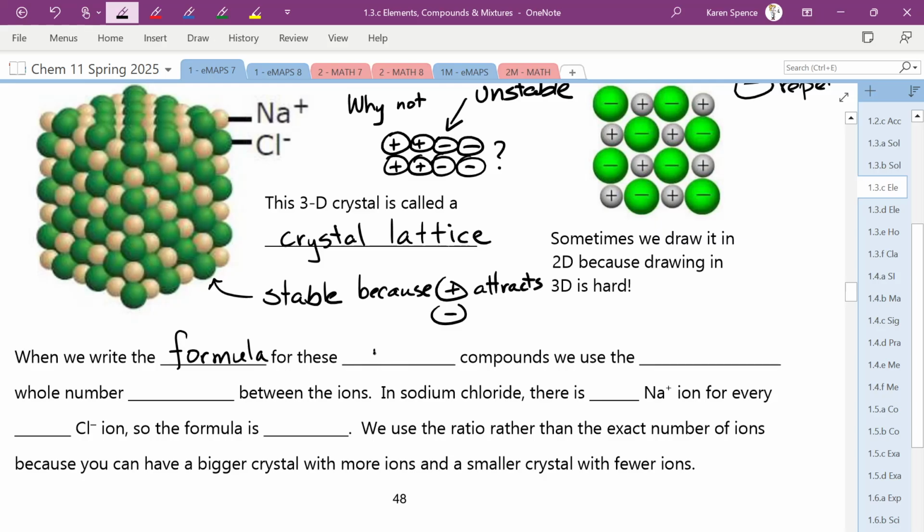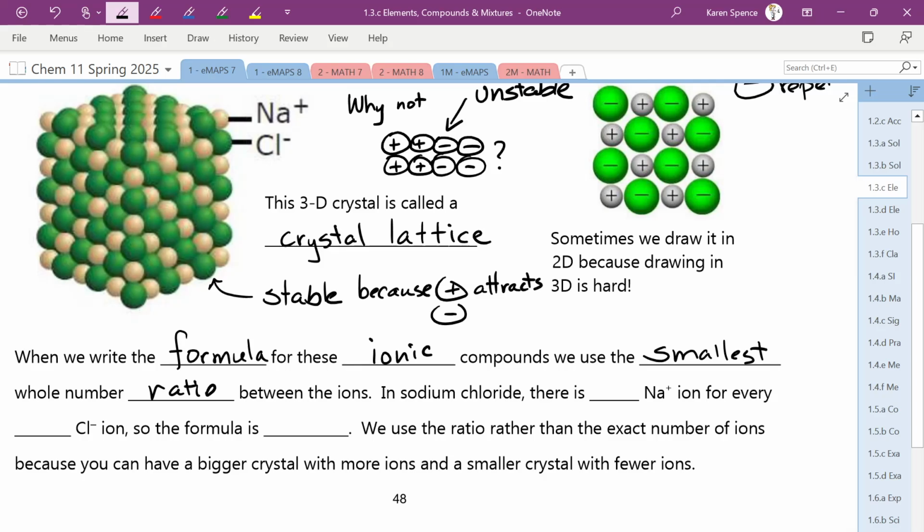They are ionic compounds. When we write the formula for these ionic compounds, we use the smallest whole number ratio. Okay?